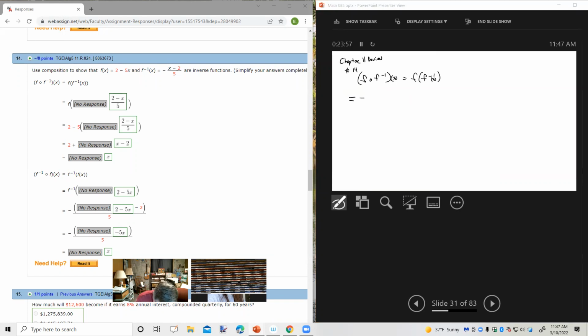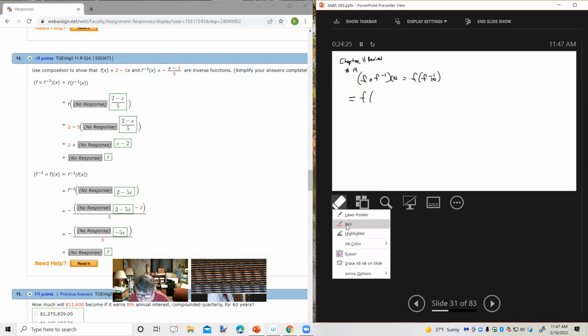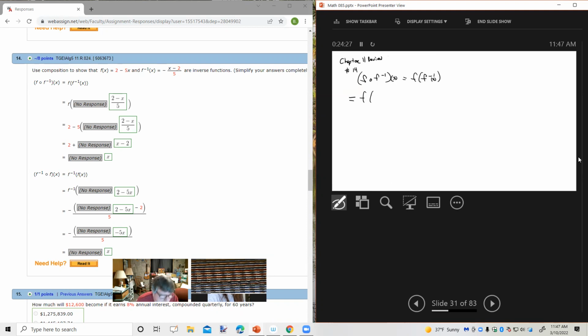That should be f of f inverse of x, which is negative the quantity x minus 2 over 5. I know things have ground to a halt here because I'm trying to figure out what they are doing, and I'm writing awfully slow.